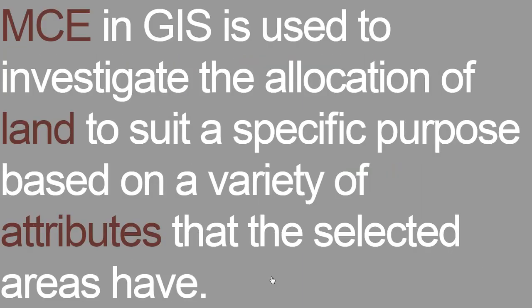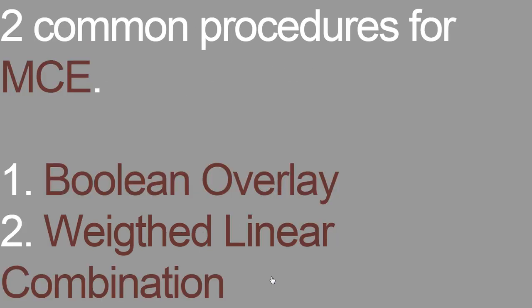An MCE is often used to find suitable land for a specific purpose, and the attributes become really important. And we're going to talk about 2 different procedures by which we create suitability.